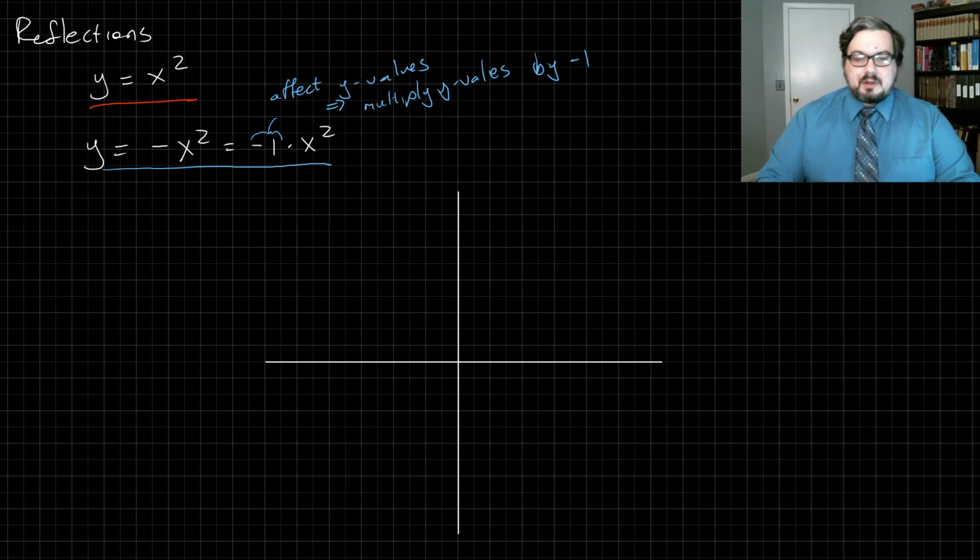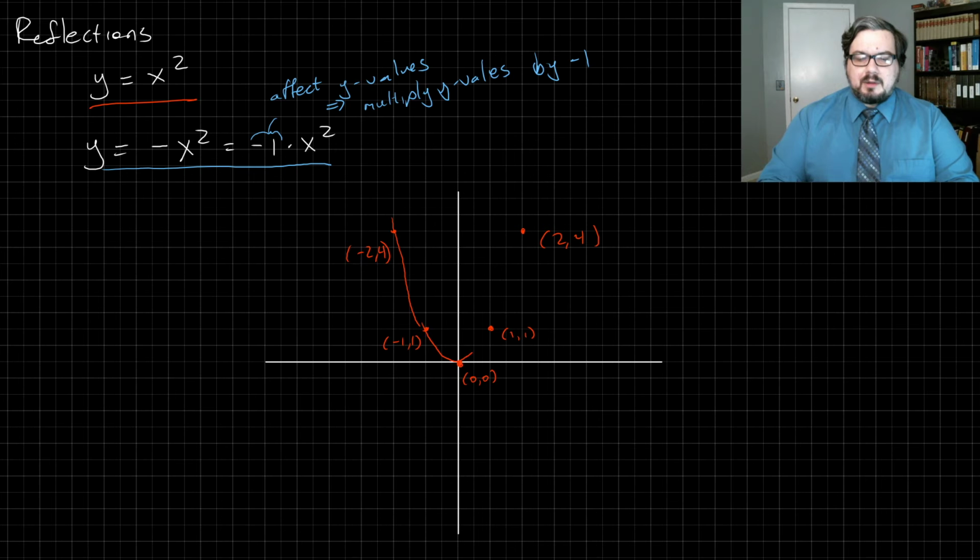So if we start with our base function, we have (0, 0), (1, 1), and (2, 4) as before, (negative 1, 1), and (negative 2, 4).